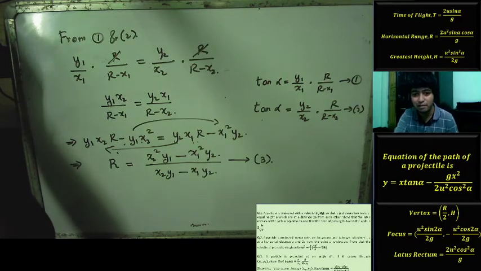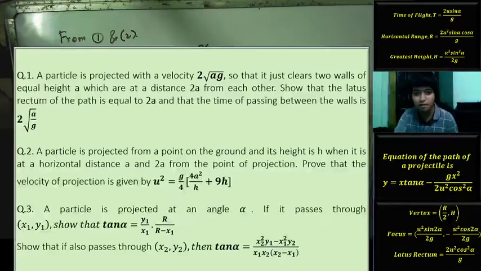So this is what we have, but if you look at the question, we need a different expression. We need tan alpha, but also the numerator should be x2 square y1 minus x1 square y2, which we have got. So in the numerator we no longer have to change r. We hope to get rid of this one somehow, but we need to change the denominator of equation 3.